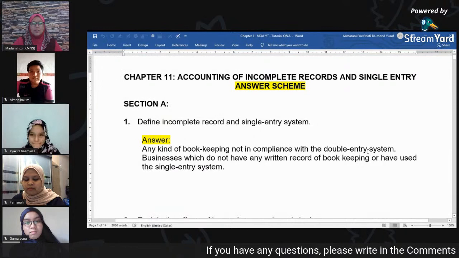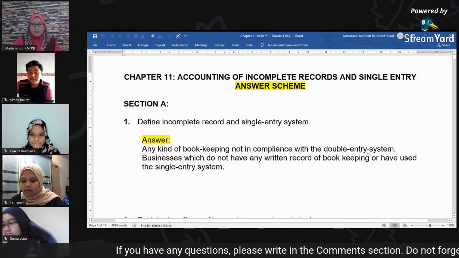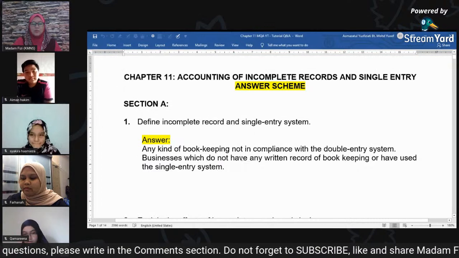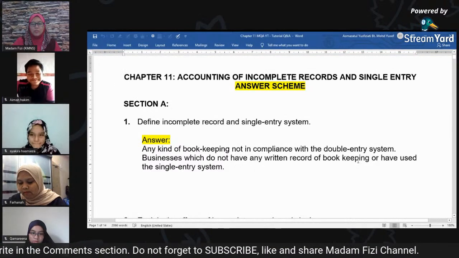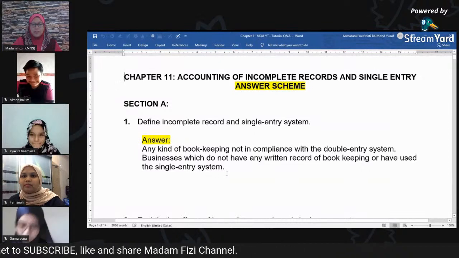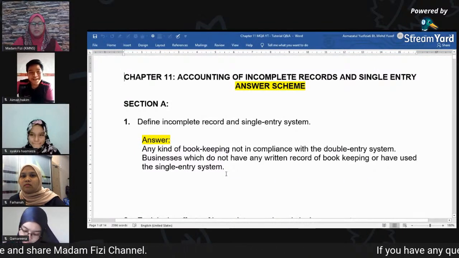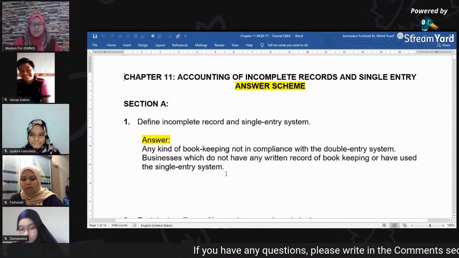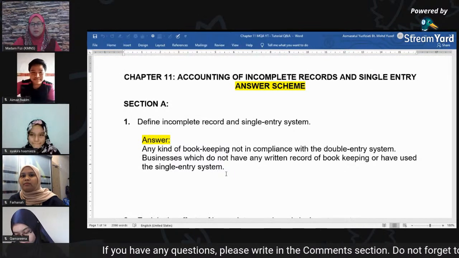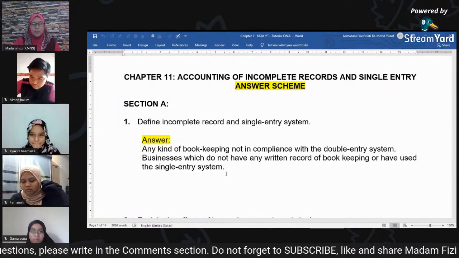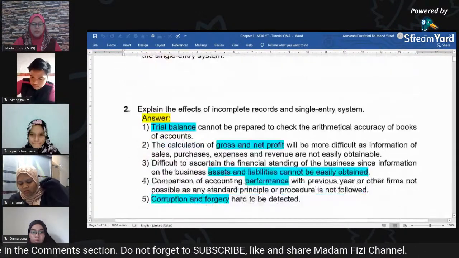That is called incomplete records. Or businesses which do not have any written records of bookkeeping or have used the single entry system. You can use your own words, as long as it explains what incomplete records and single entry system are.